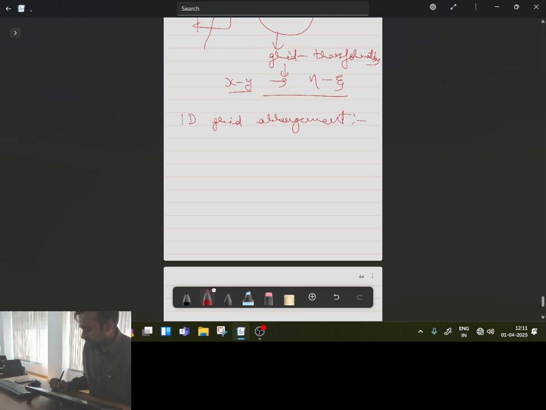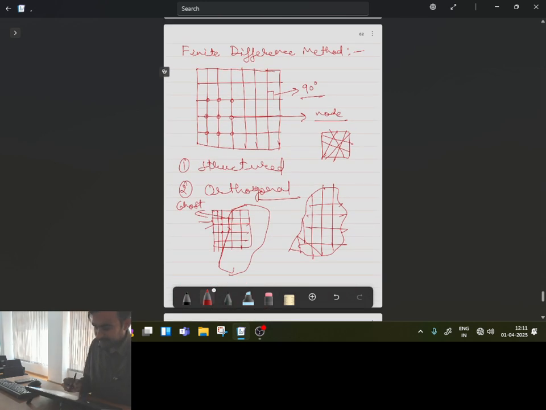In the arrangement I showed in the previous system, you can see one grid structure is along the x-axis and the other is along the y-axis, and this is a two-dimensional plane. On this two-dimensional plane, if I have to define any node, I will use two indices i, j to define the node location. Now i will be the index in the x direction and j will be the index in the y direction.